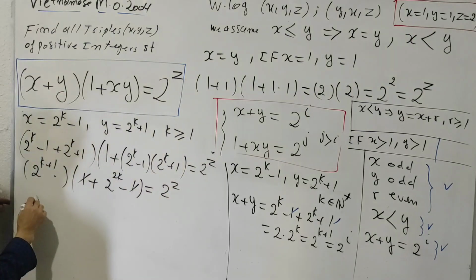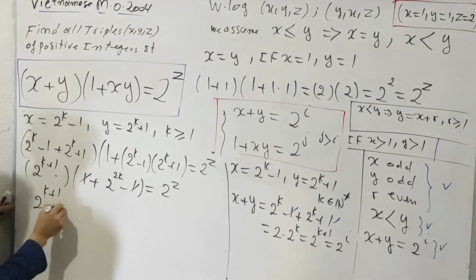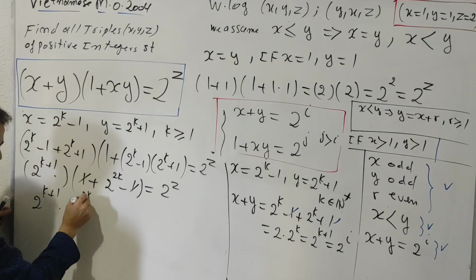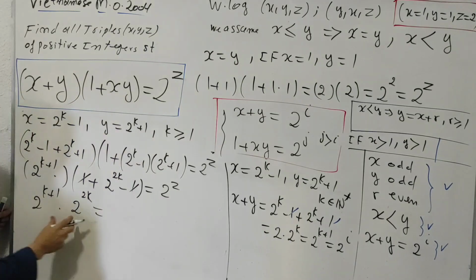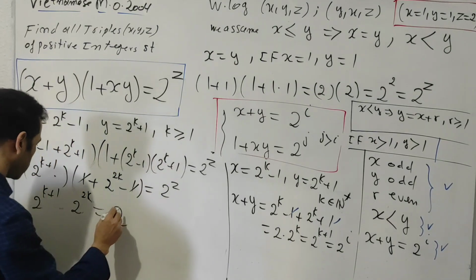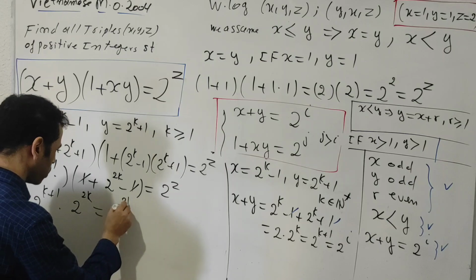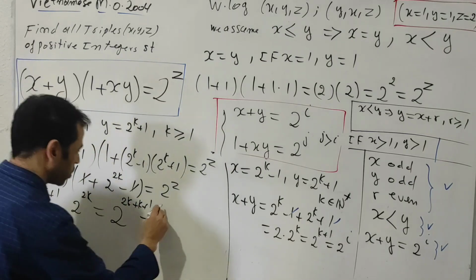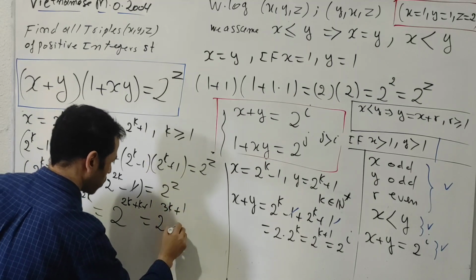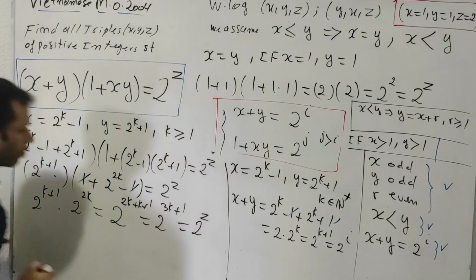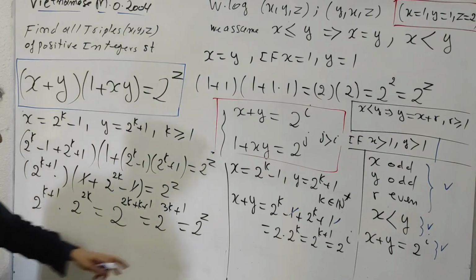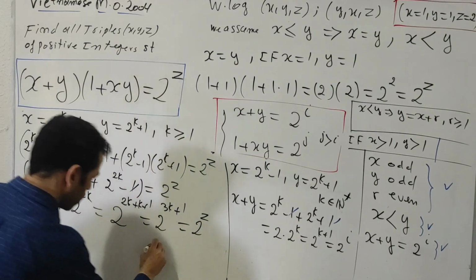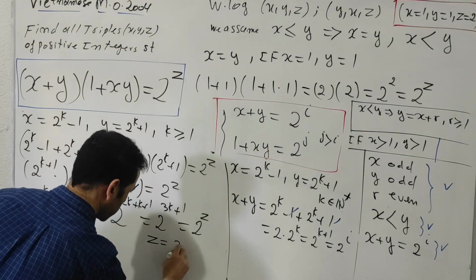I will have 2 to the k plus 1 multiplied by 2 to the k. I'm going to put this together as one term. I will have 2 to the k plus k plus 1, which is the same as 2 to the 3k plus 1 equals 2 to the z. Now I found the solution of z. That means z equals 3k plus 1.